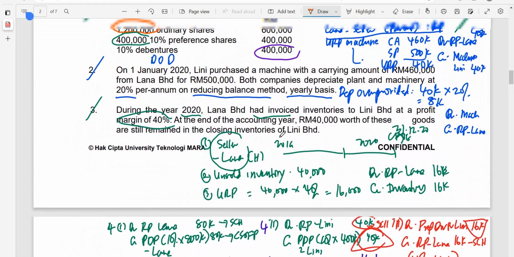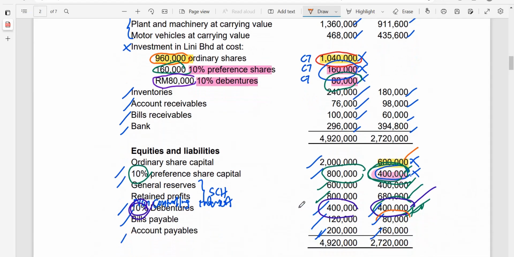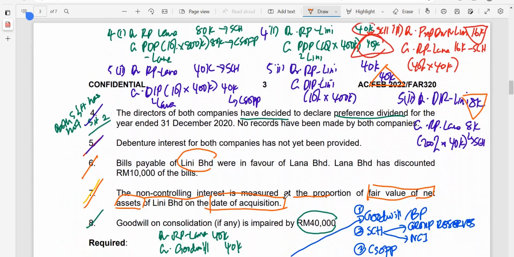Go and check bills payable of Lini. This is 80,000, and you're informed all are related to Lana. So there are no bills payable related to outsiders. However, you need to understand that there were discounted amount there. So 80,000 is what the bill payable between group members, but 10 is the one being discounted. So undiscounted portion is what you are looking for.